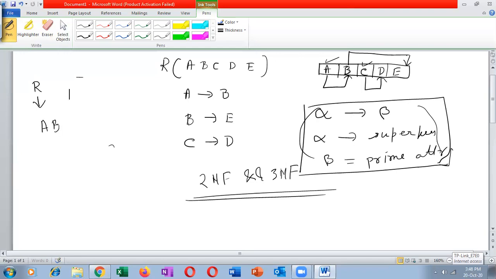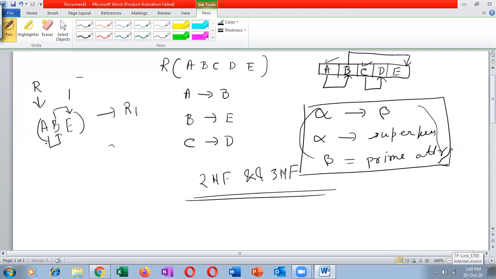Now if I keep B, then E is actually dependent on B, so I will keep E with B also. This ABE is one table, suppose R1. So I get one table R1 containing ABE. Now let me check the dependencies here. I have A to B, now B to E.